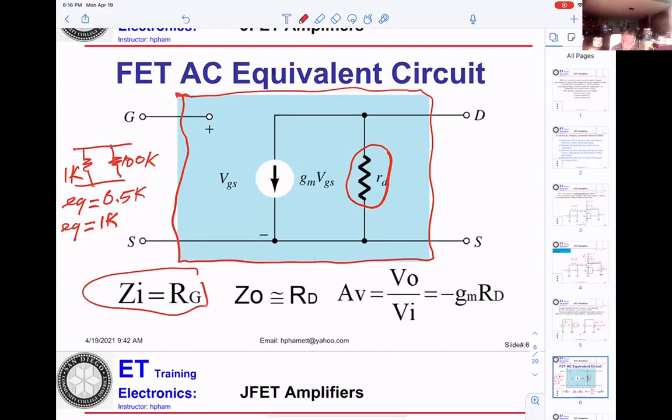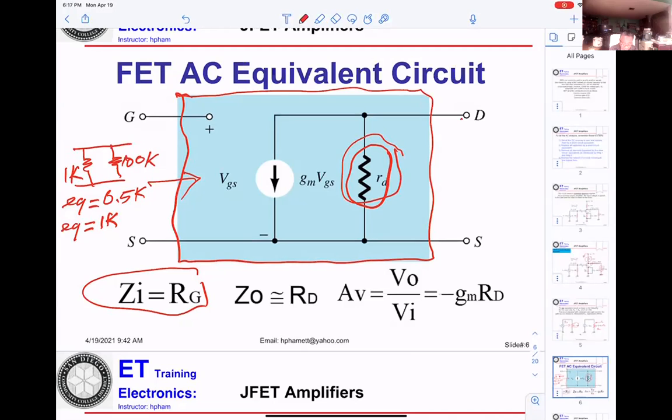Z in, you're looking this way, and you can see they get equal RG, 1 megaohm. And Z out equals big RD. Now, if you get a resistor outside, that will be the output impedance. They do not count the value of small rd, the reason is small rd will be bigger than the output resistance.